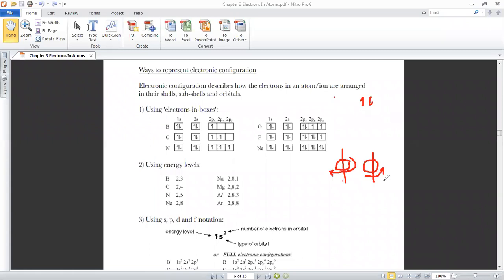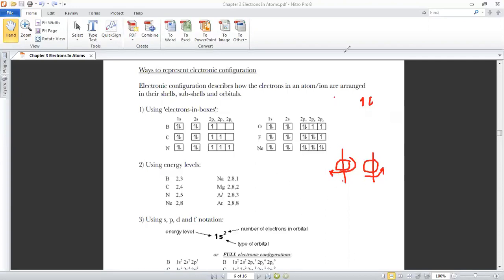That's why you see that these arrows are single-headed, and they are opposite. One is directed upward and the other is directed downward. But if an orbital has only one electron, you just need to draw the upward direction. You don't need to draw one upward and one downward.